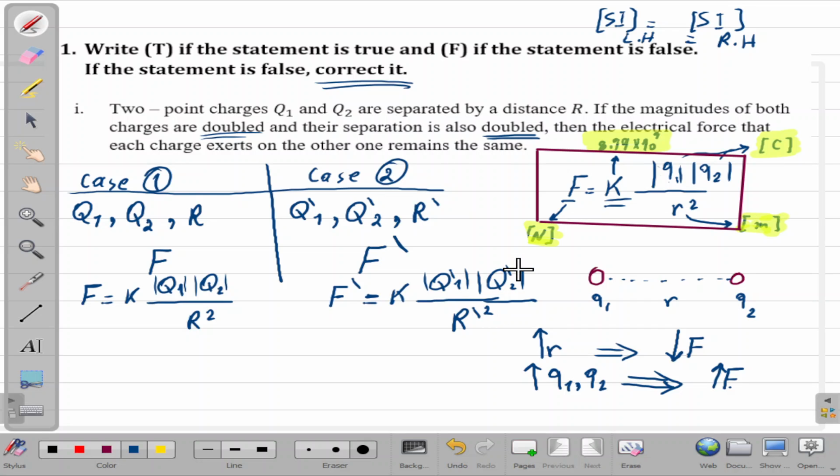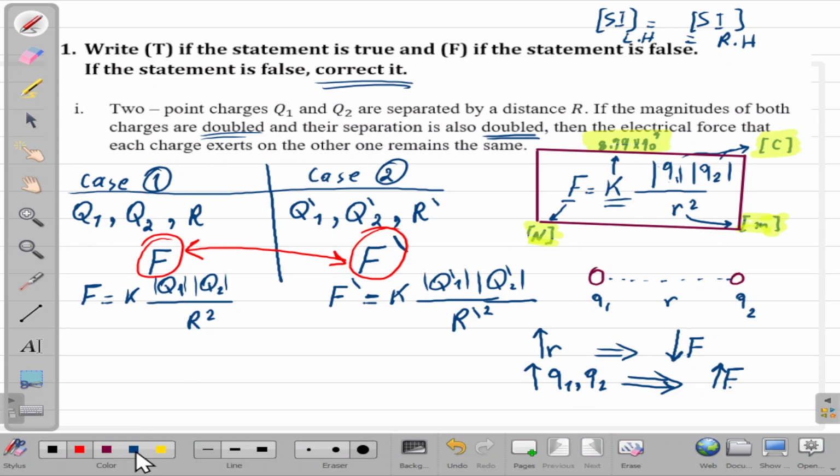What does a prime mean? It is the new charges and separation. So now, since we are looking for the relationship between F and F prime, what will happen to the force if we compare them together?